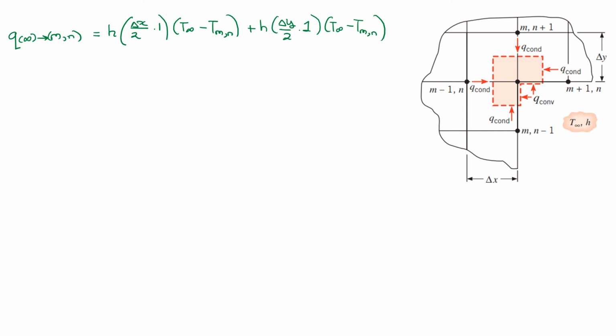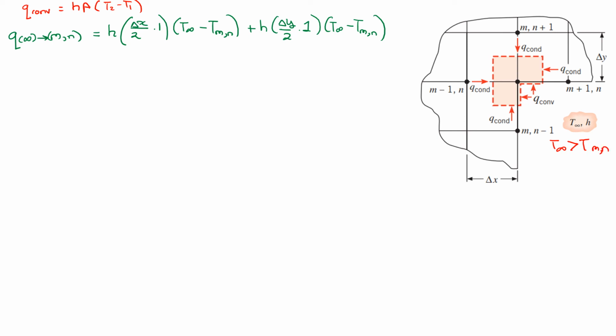Our Newton's law of cooling is Q convection is hA times T2 minus T1, and T2 is always whichever temperature is greater. So in this case, because heat is flowing from the surroundings through the node T m comma n, we know that T infinity has to be greater than T m comma n.